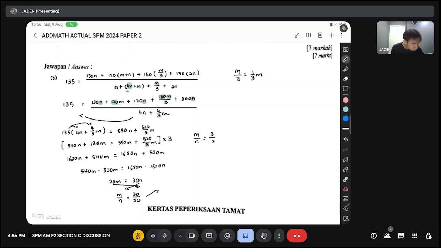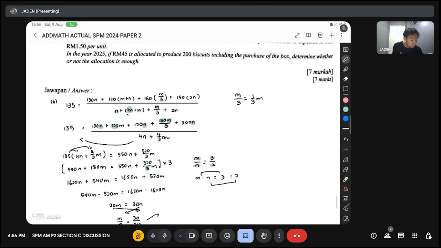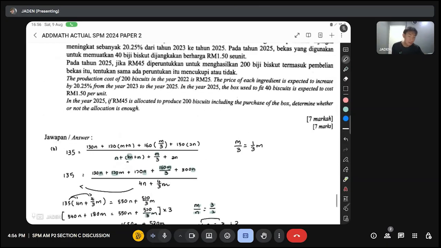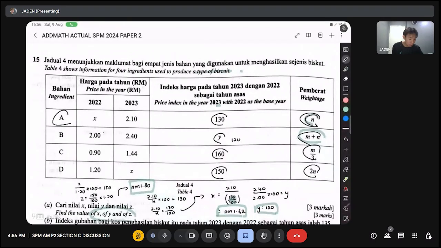And then I need you to also understand this. m is 3, n is 2. So we look at this this way. This is m and this is n here. So right now, let's say my ingredient A, the weightage is n, and then my ingredient B, the weightage is n plus n.